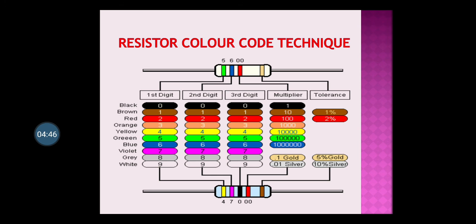Now what do we mean by tolerance? Let me explain the meaning of tolerance. For example, when you calculate the value of a resistor, it is 500 ohms. But when you practically measure the value of the resistor using a multimeter, sometimes you find the value is below 500 ohms, for example 498 ohms.